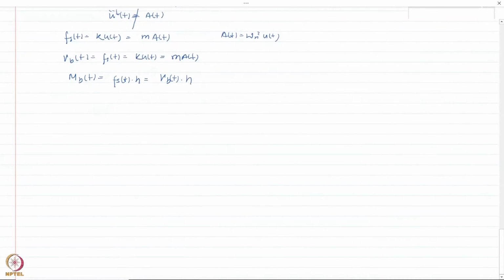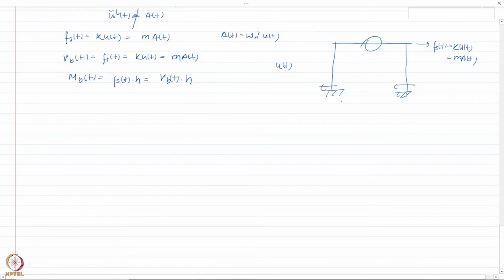Now remember what I have done here. For this single degree of freedom system, I found out at any time instant what is the u of t, then I applied the equivalent force f_s equal to k u of t or m a of t, and subject to this force I found out the internal forces, for example in this case, the total base shear and the total base moment.